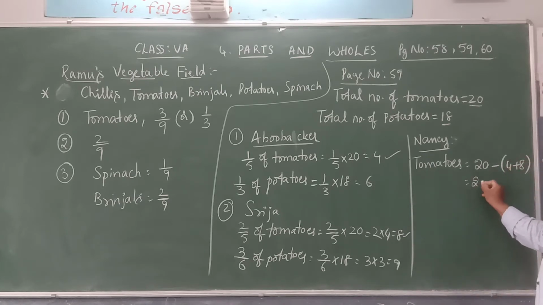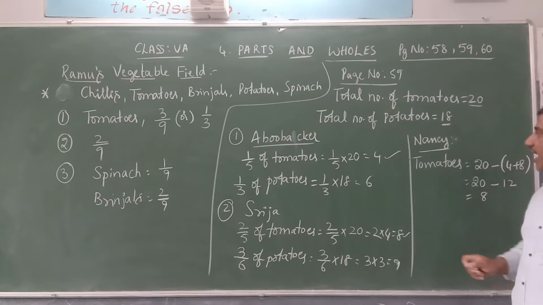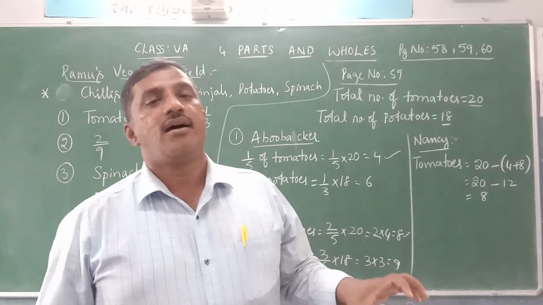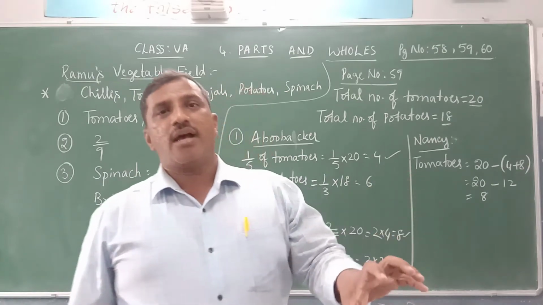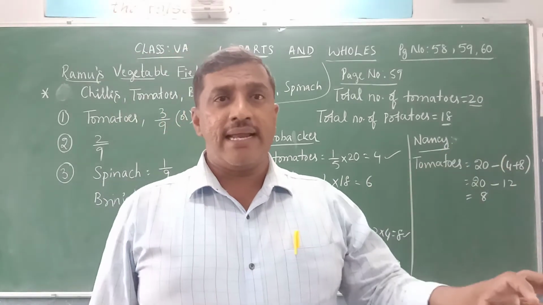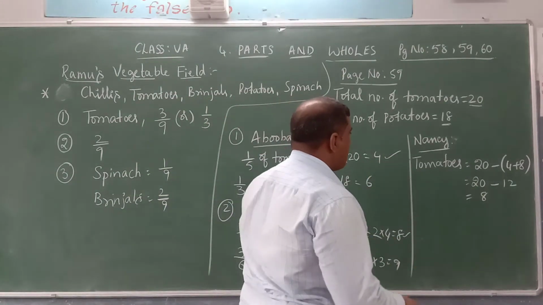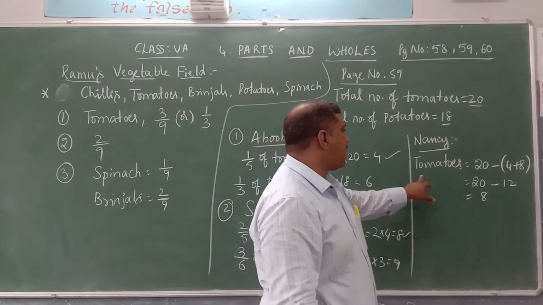That is 20 minus 4 plus 8, which is 12. 20 minus 12 is 8. So 8 tomatoes Nancy got. Rest means remaining, leftover vegetables were given to Nancy.